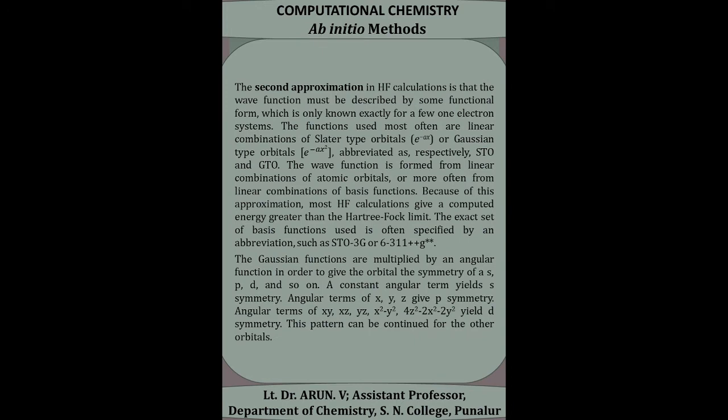The second approximation in Hartree-Fock calculations is that the wave function must be described by some fundamental form which is only known exactly for a few one-electron systems. The functions used most often are linear combinations of Slater orbitals or Gaussian type orbitals, abbreviated as STO and GTO.